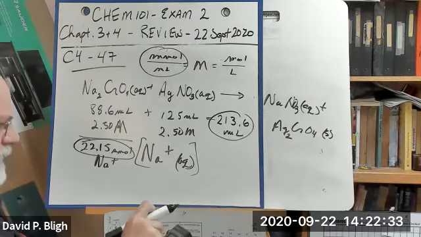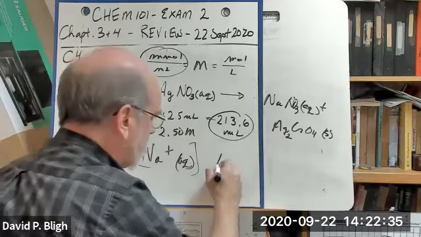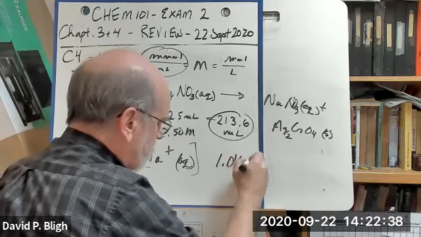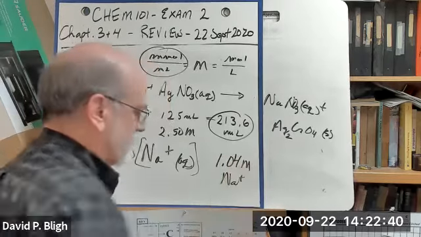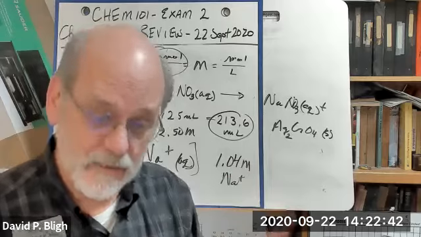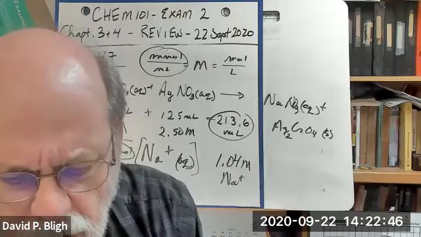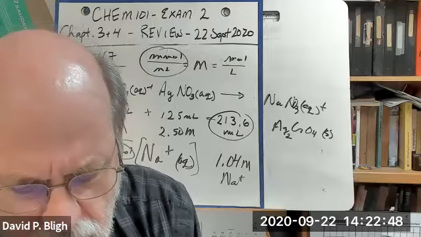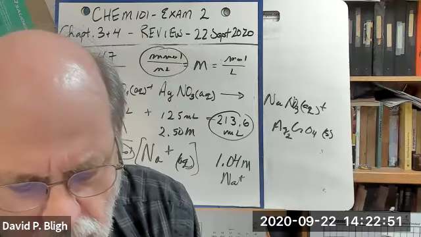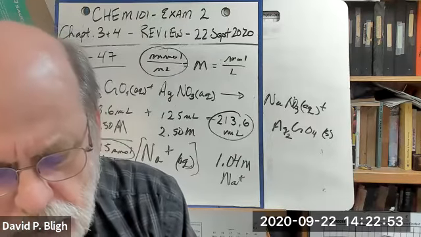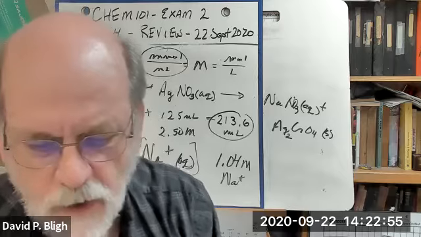Three significant figures, 1.04. Right? All because sodium is a spectator. And let's see, where am I? Wait a minute. What did I do wrong?